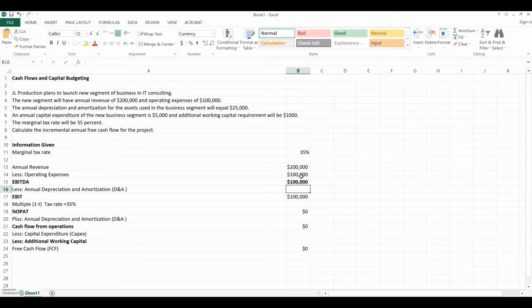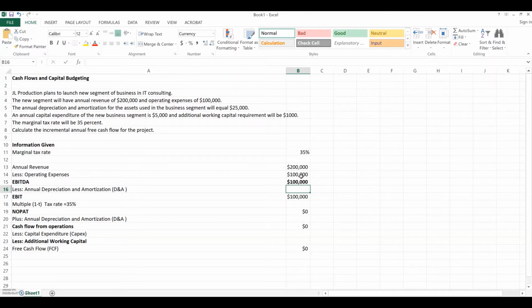EBITDA is also called earnings before interest, taxes, depreciation and amortization. It is a measure of company's overall financial performance and is used as an alternative to simple earnings or net income in some circumstances. We can simply say that EBITDA is a measure of profitability.